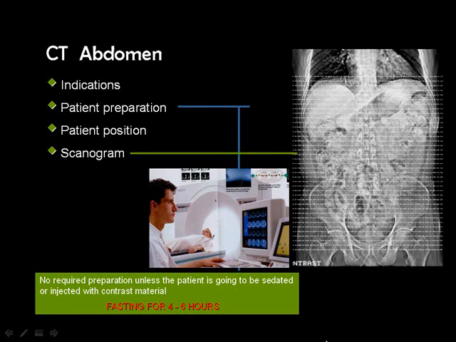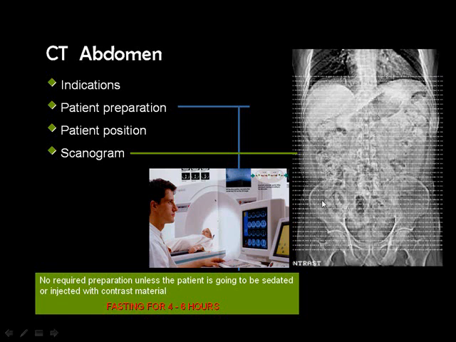This image is known as the scanogram, or the scout view, or the preliminary image. The main value of this image is to let the machine know where you are going to start and finish. Then you draw a line here and a line there. The machine knows that you are going to scan this area from this line down to this line.